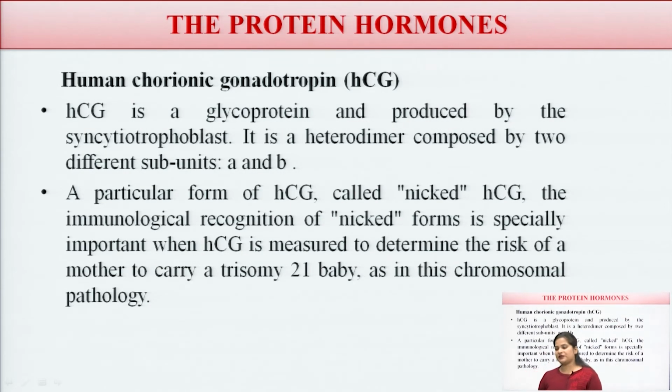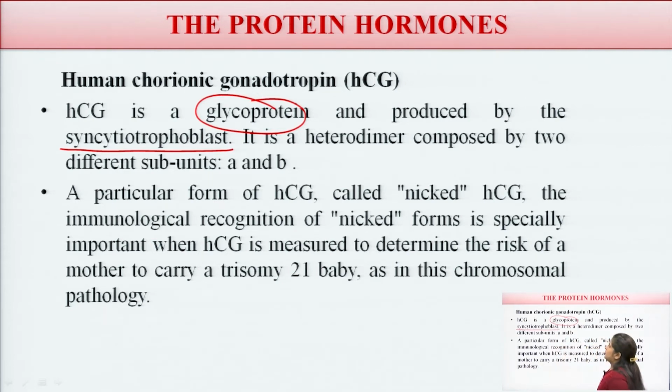Now next one is HCG, that is human chorionic gonadotropin, right? This HCG is a glycoprotein and produced by the syncytiotrophoblast.